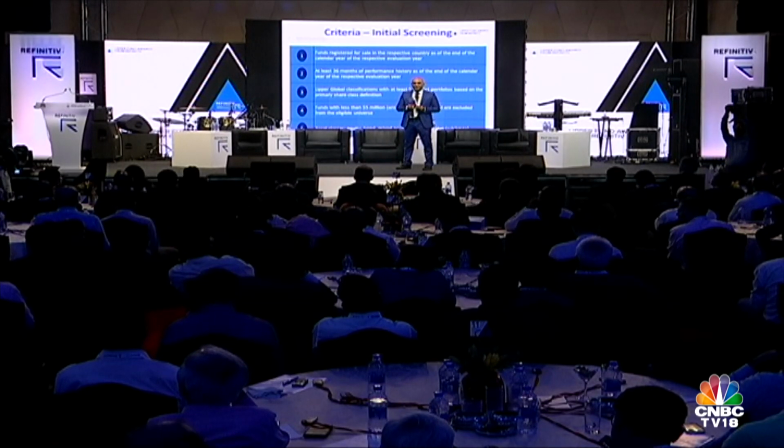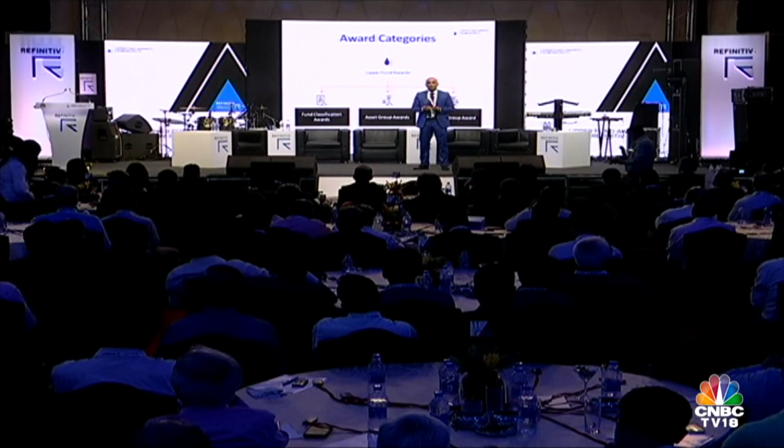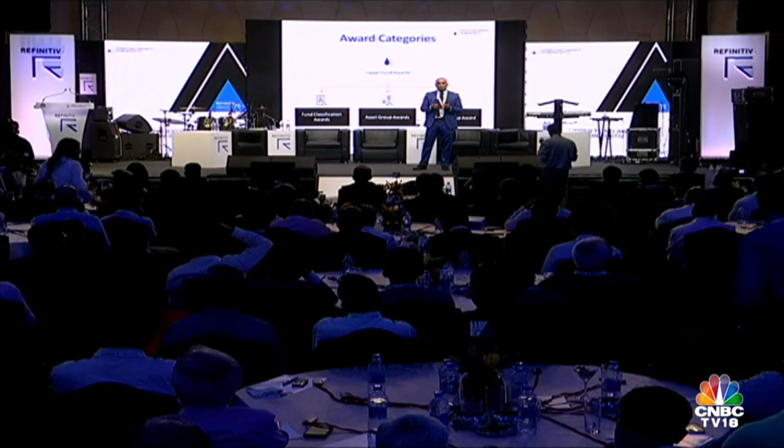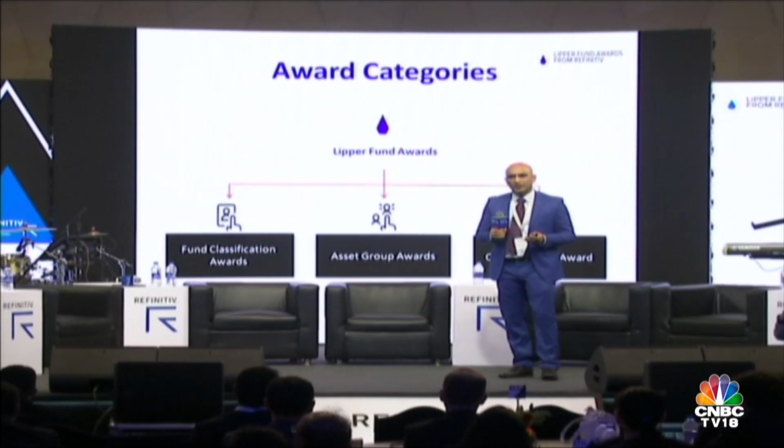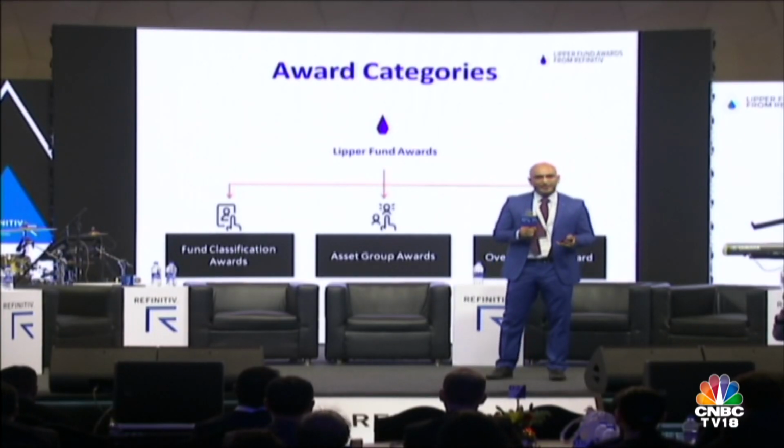And the broad categories that are covered for fund awards are equity, bond, mixed asset, and alternate. Moving on, talking about the types of awards, we have 3 broad categories of awards. The first is the classification award.